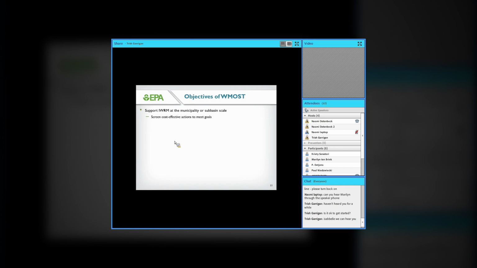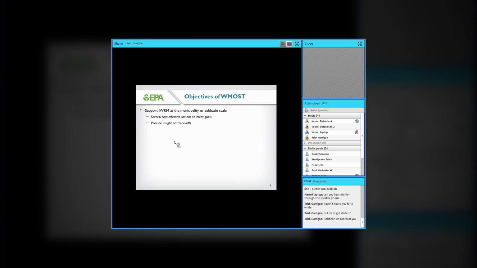It can provide insights on trade-offs between different goals you have, or trade-offs between investing additional money for getting more of your goal, for example, for achieving higher minimum stream flows. And by all this, we hope that we enhance the understanding of the watershed for those involved.